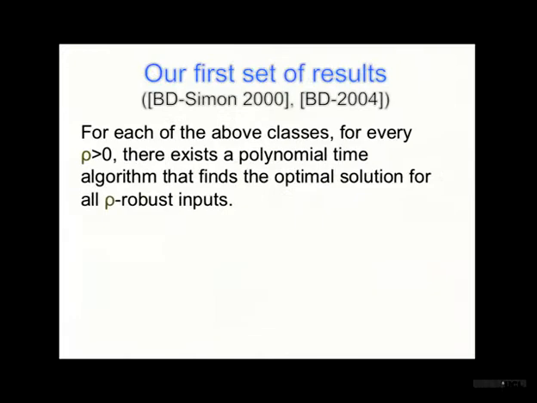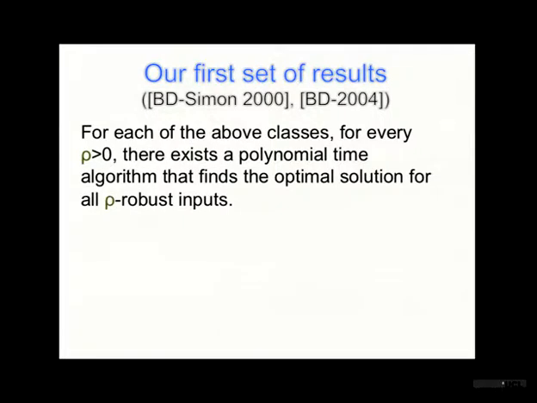Okay, so the first type of results, that I got from Hans Simon in 2000, and for some other problems in 2004, is that for each of the above classes, for every value of robustness, there exists a polynomial time algorithm that finds the optimum solution for all rho robust instances. So with this notion of robustness, we really achieve our goal of showing that if data satisfies this robustness, there is a polynomial time algorithm.